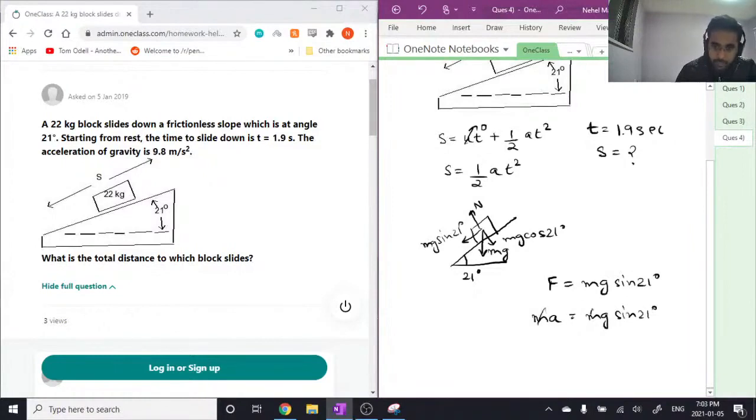The masses get cancelled out. We're left with a equals 9.8 times sine of 21 degrees, which is equal to 3.51 meters per second squared.